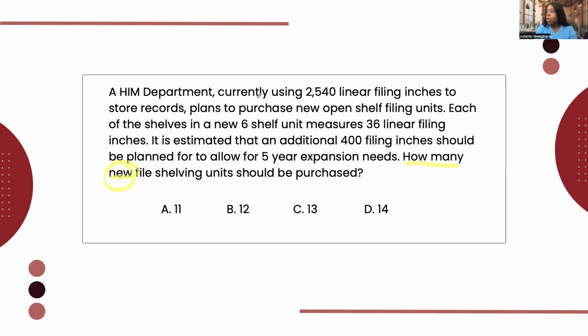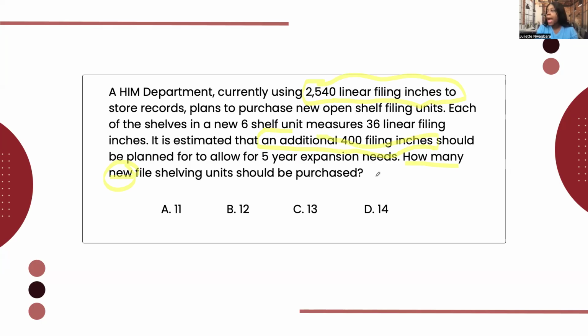All right. So we were also given some background information. We know that they currently have 2,540 inches that is available to store records. We were also told that they want to add an additional 400 filing inches.